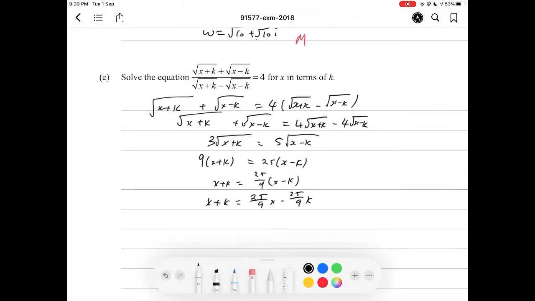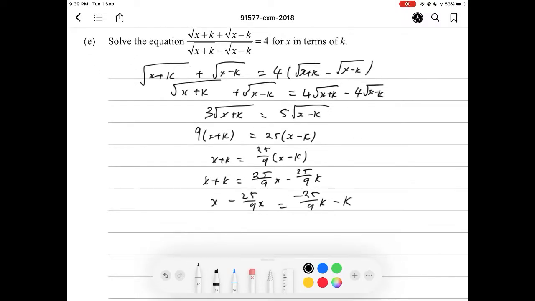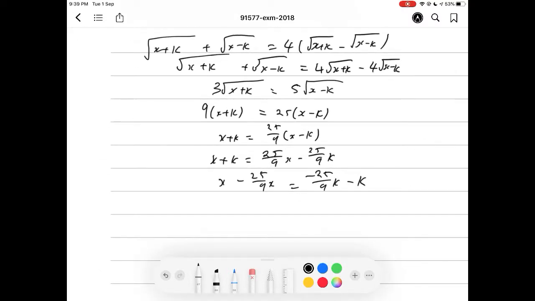And we want x in terms of k, so we want x to be the subject. So x plus 25 over 9 k, minus x, minus 25 over 9 x, equals negative 25 over 9 k minus k. So for this, we're just going to factorize the like term, which is x.